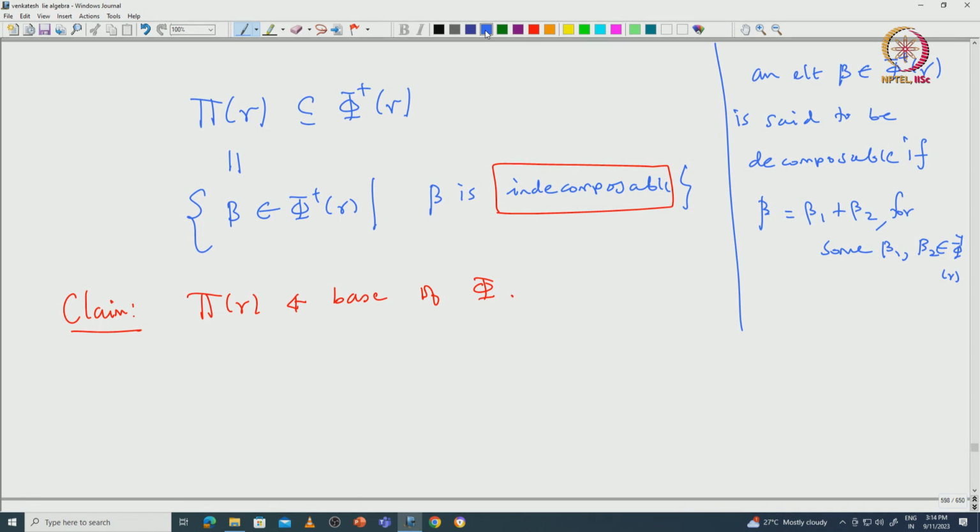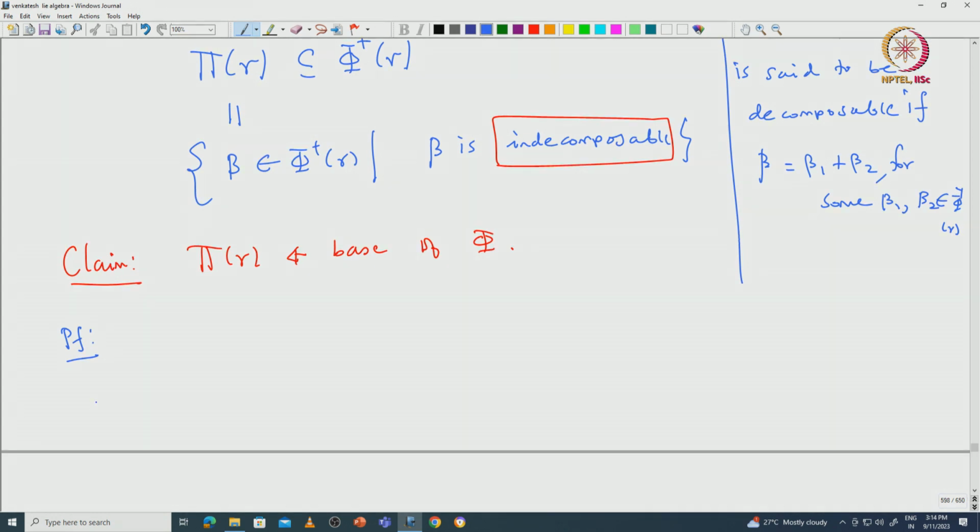We will prove both of them in one go. How can one prove this? Let us see. First of all, each root in phi plus of gamma must be a non-negative integral linear combination of elements of pi of gamma. Why is that true? This is the first claim.